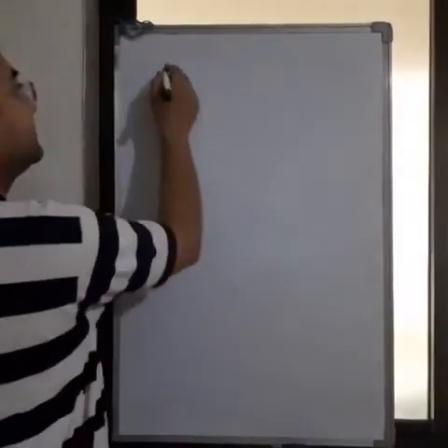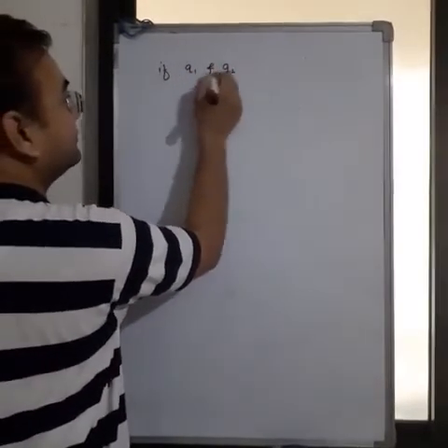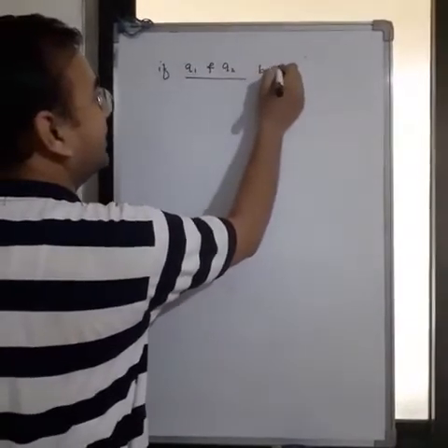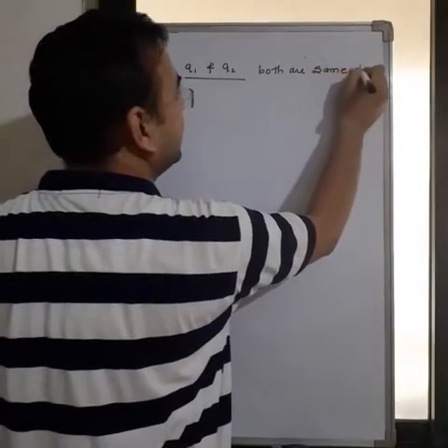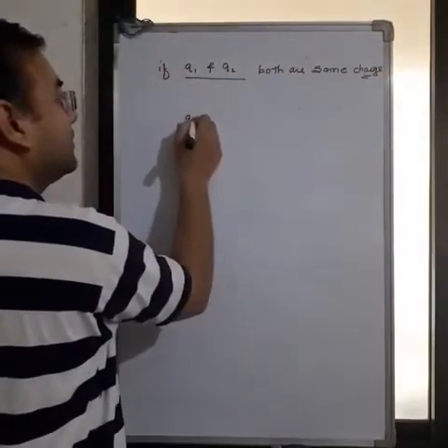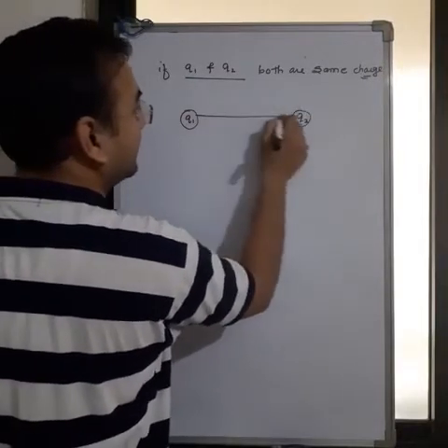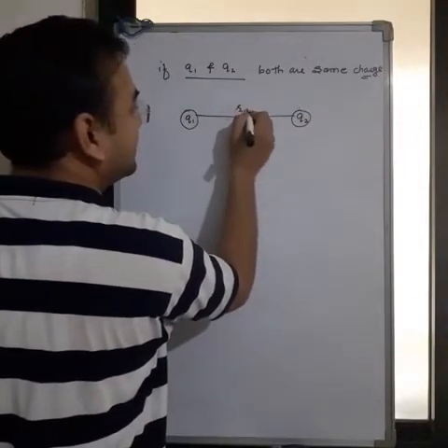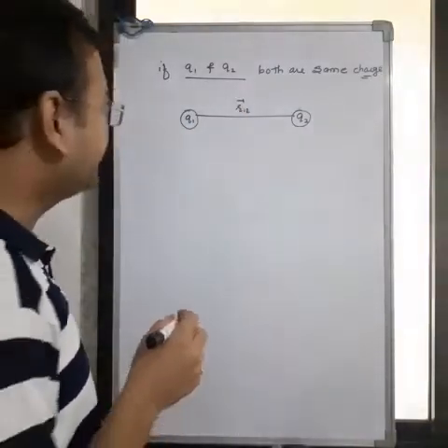If Q1 and Q2 are both the same charge, then Q1, Q2, this is the position vector, given in the form of R12.